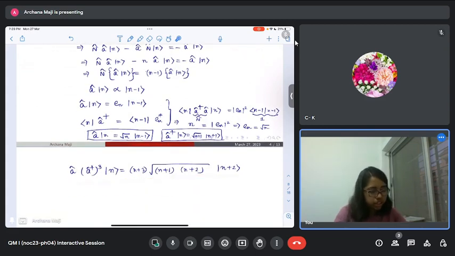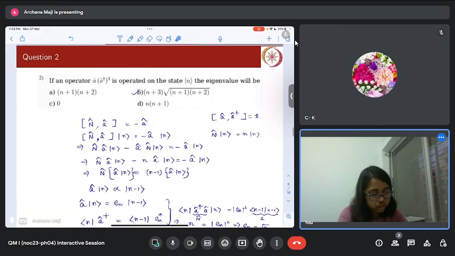This operator acting on n is not giving you back the n state, right? It's n plus 1 and then some coefficient times n. So it's a trick question. So the eigenvalue is actually 0, in the sense that it is not giving you the eigenvalue.